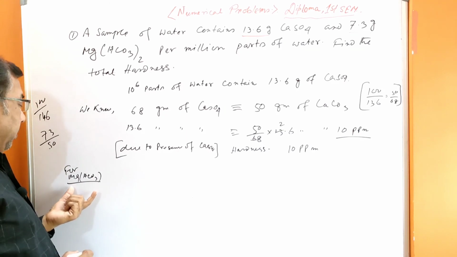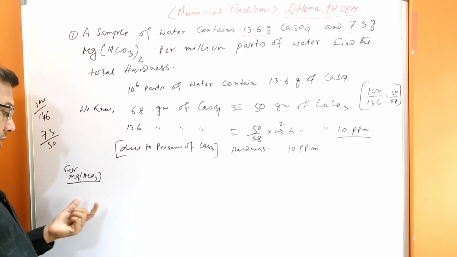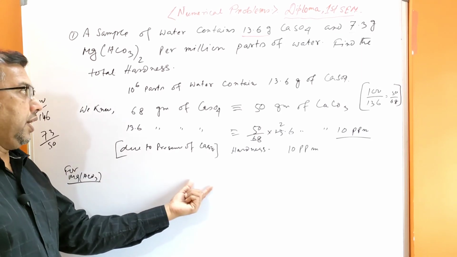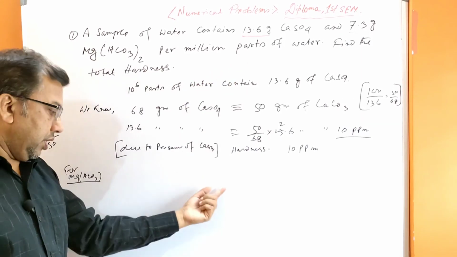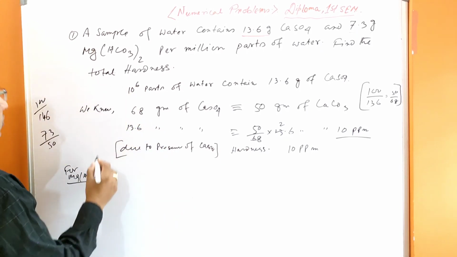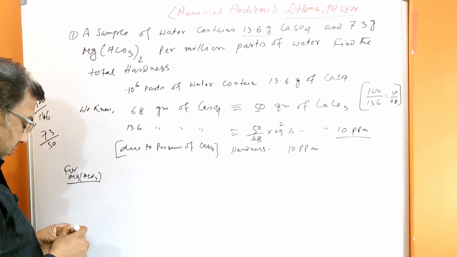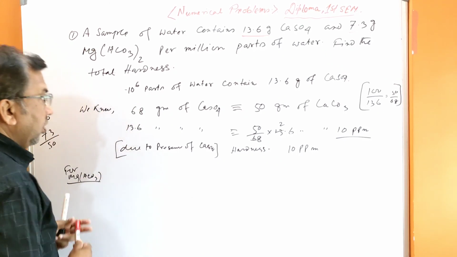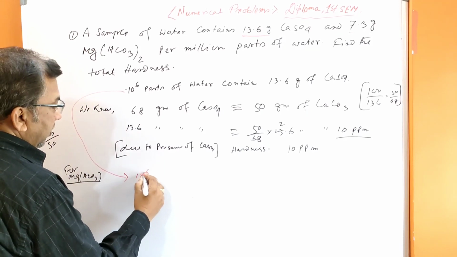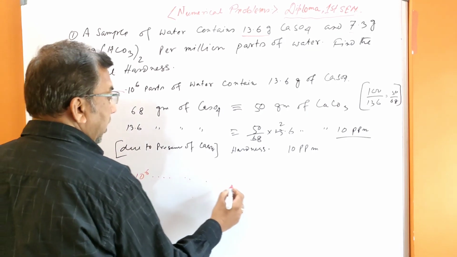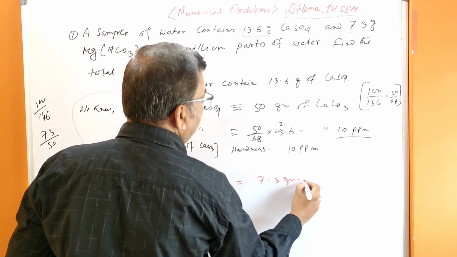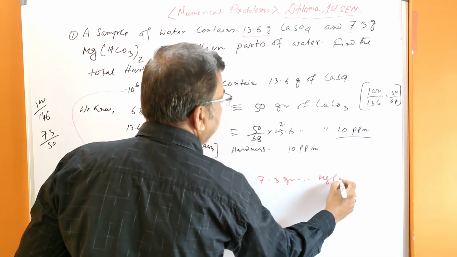In case of magnesium bicarbonate, same thing. Again, what you know, 10 to the power 6 parts of water contain 7.3 gram of magnesium bicarbonate. Write this again. Write this line: 10 to the power 6 parts of water contain 7.3 gram of magnesium bicarbonate.